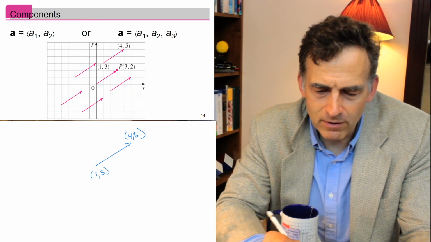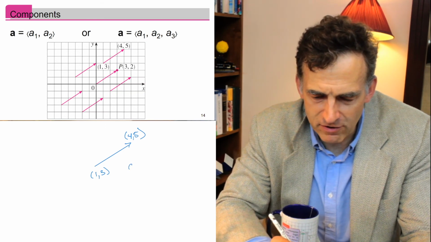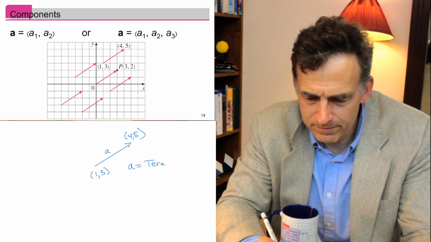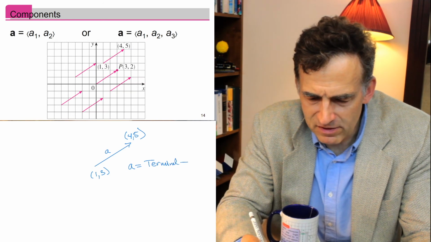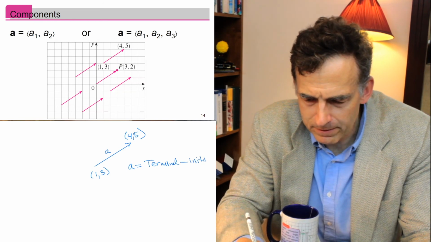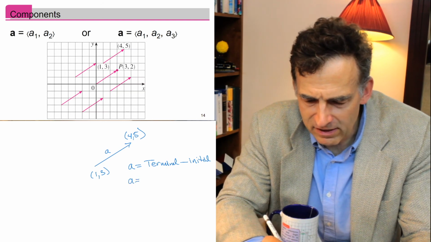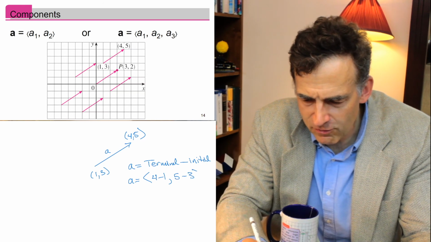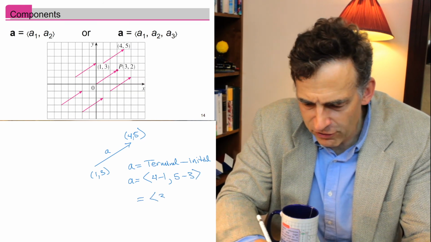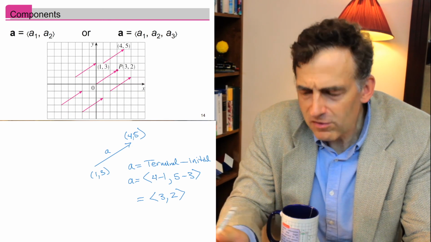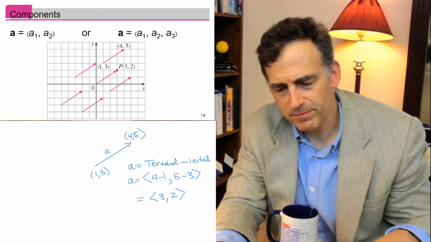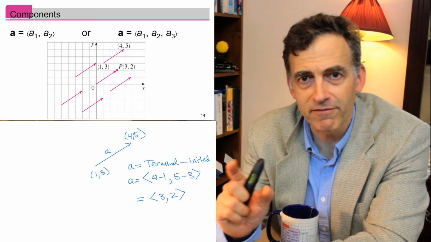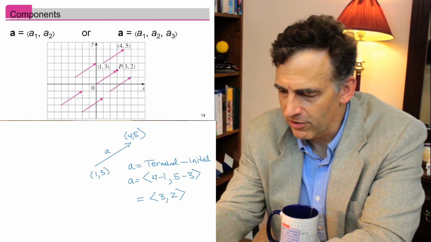One way to write a vector is that your vector A is the terminal point minus the initial point. So in this case, A is going to be 4 minus 1 and 5 minus 3, which is the vector 3, 2. This is just a convenient way to write vectors if you want to write a vector in component form and you have the actual graph that you're going to be using.